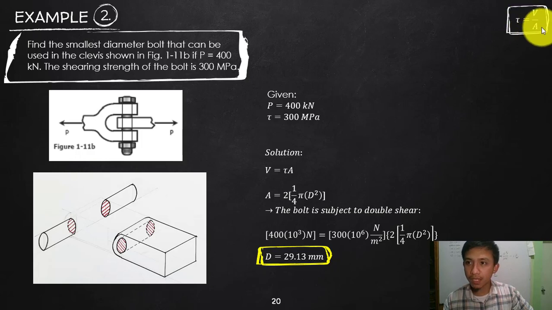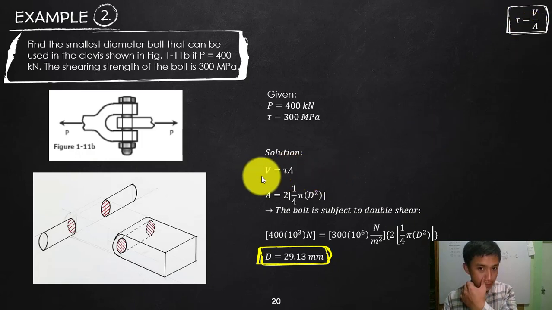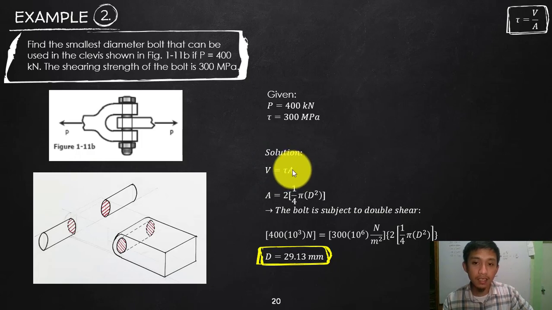Playing with this equation, it should be cross multiplied, V divided by tau, but however I use this directly: V is equal to tau times A. We will find the unknown here, which is the area.